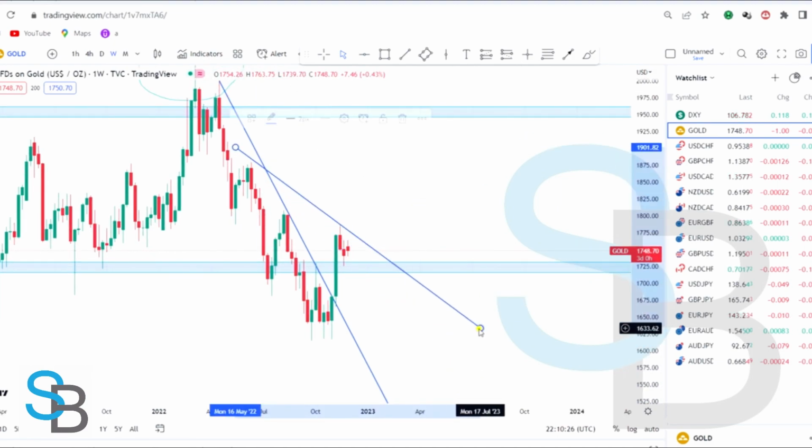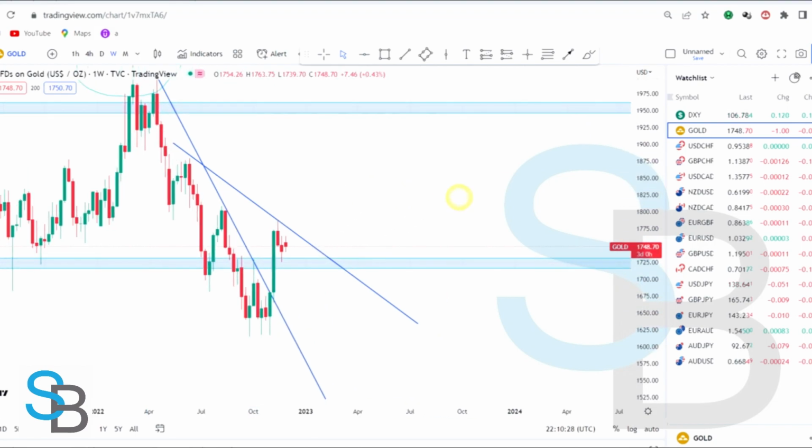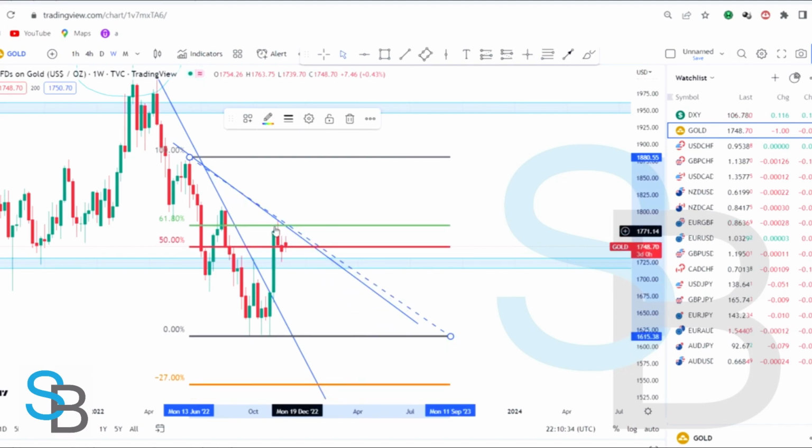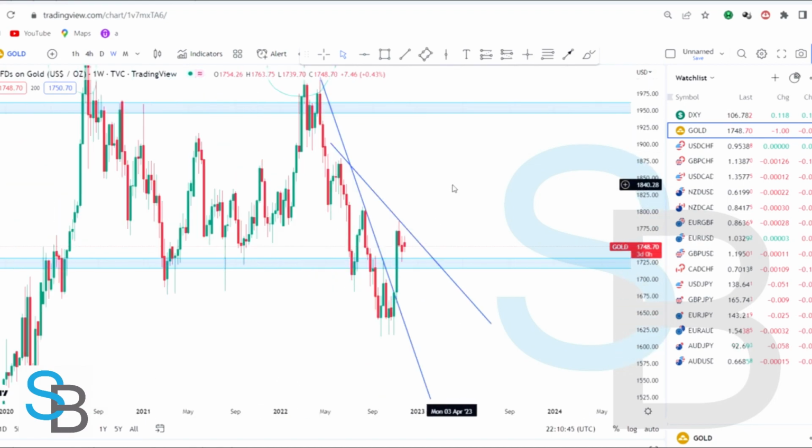So if it were from this point to this point, it means when we take our Fibonacci tool and draw down to this point, we'll see that we are exactly at 61% retracement. So we particularly tested the 61% retracement. Okay, that's something to consider.